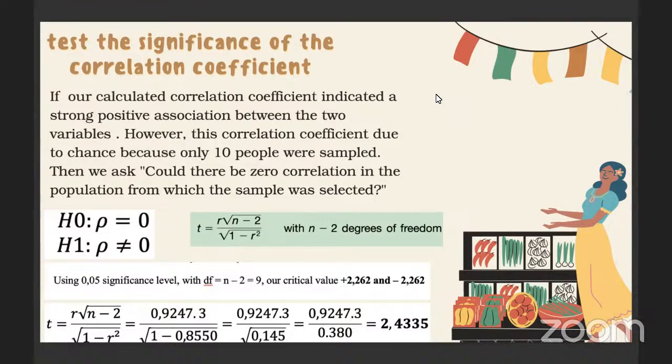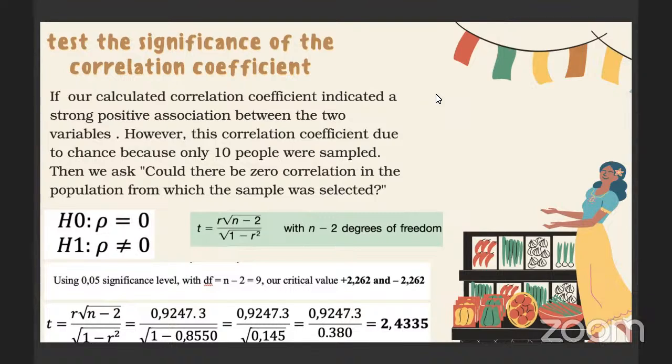So we're going to test the null hypothesis: rho, the symbol that is similar to P but we must read it as rho, is equal to 0, and the alternate hypothesis is rho is not equal to 0.